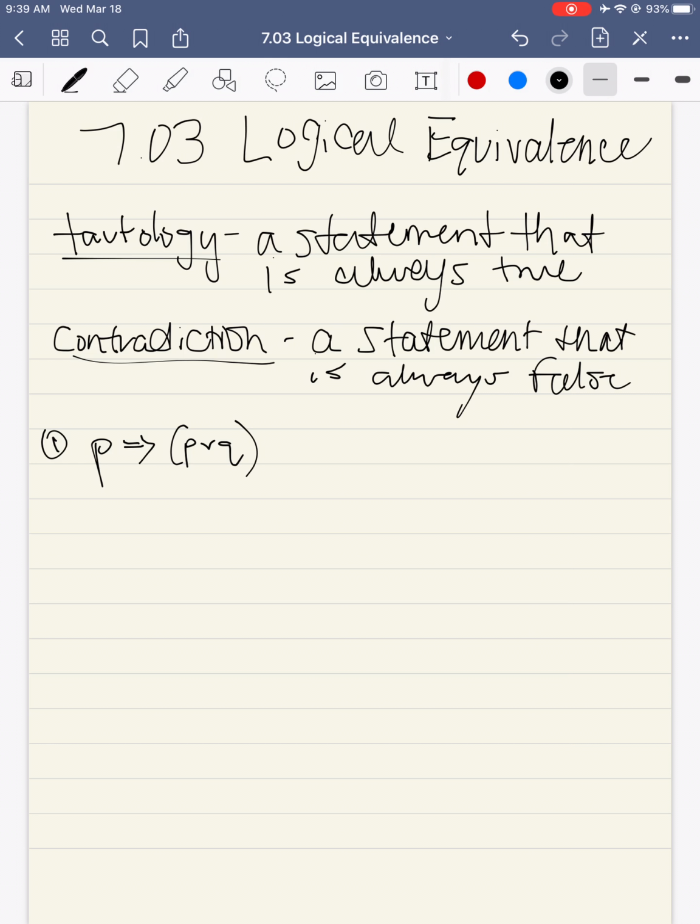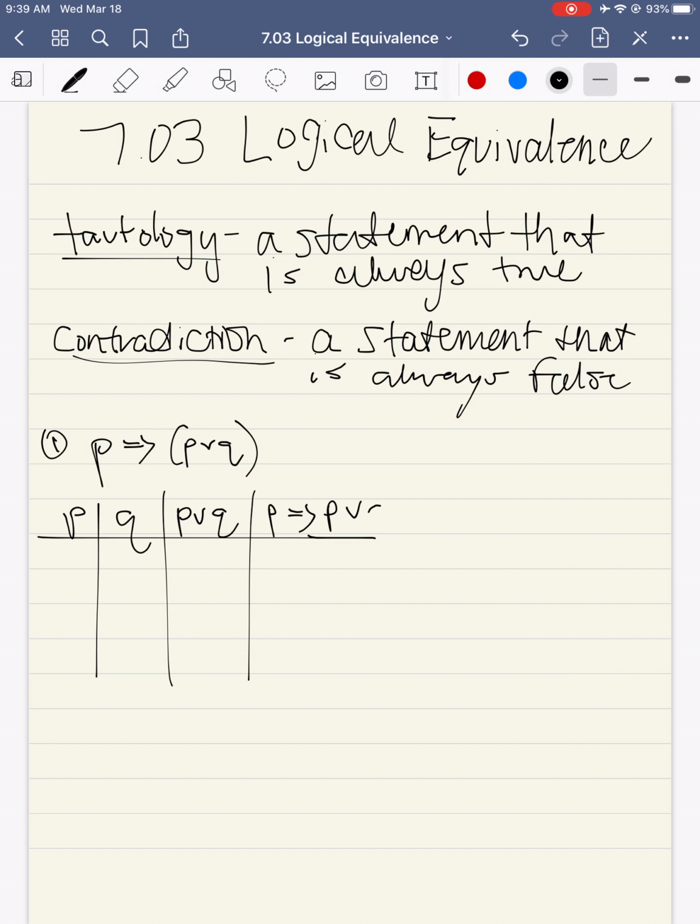So to build this truth table like we did yesterday, we start with our P and Q statements. And then we'll need whatever's in parentheses, so P or Q. And then P implies P or Q, our final statement.